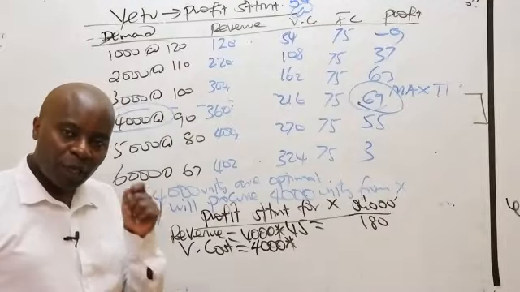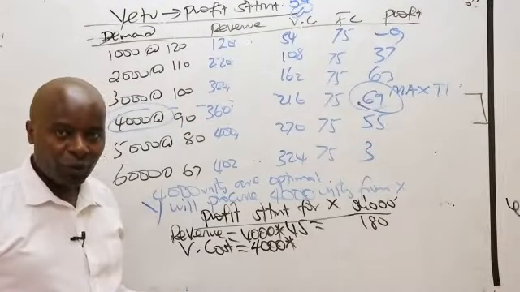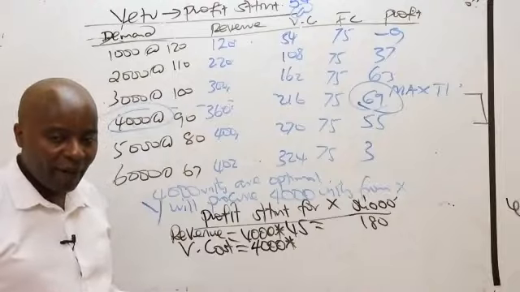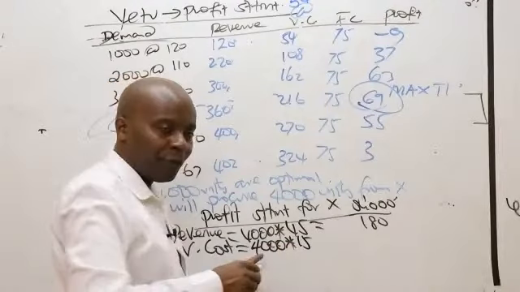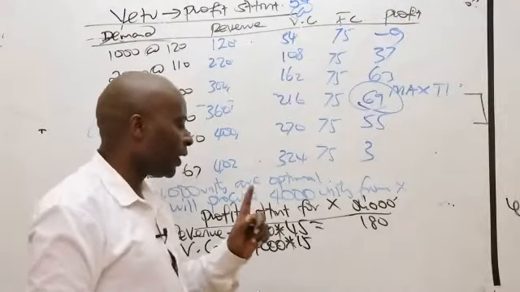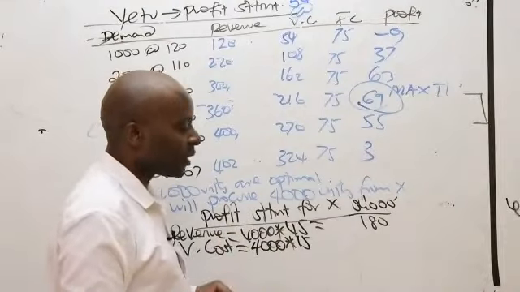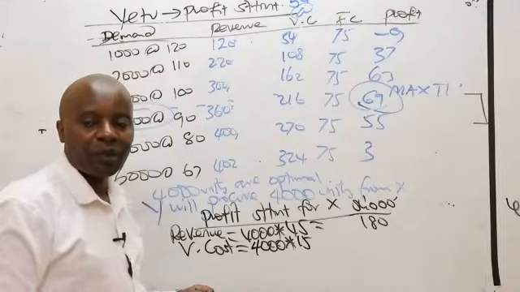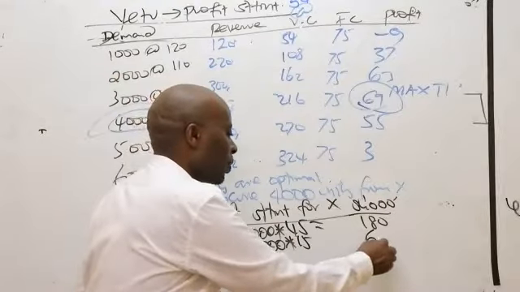So 4,000 times 15. Thank you very much, Boniface. 4,000 times 15 gives us 60.